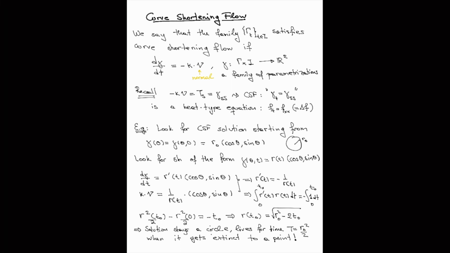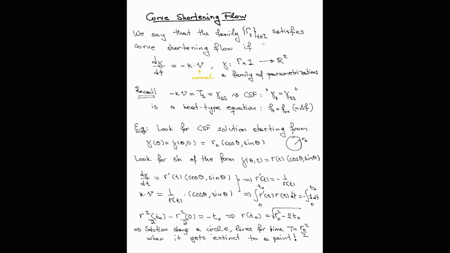Now before we had just a curve, now we're going to have a family of curves. This is my family of curves. We will say that this family satisfies curve shortening flow if it moves in a specific way. I'm going to use a parameterization again. Before we just had a parameterization of one curve, little gamma going from capital gamma to R2. Now this index t indicates the different gamma t's.